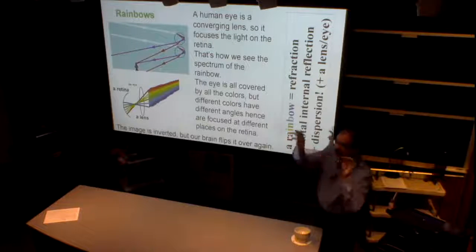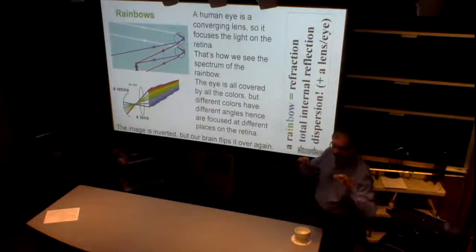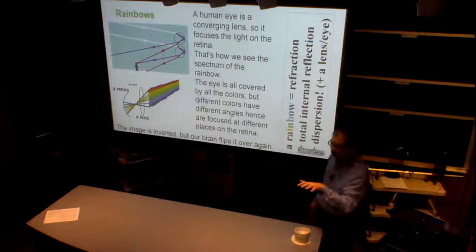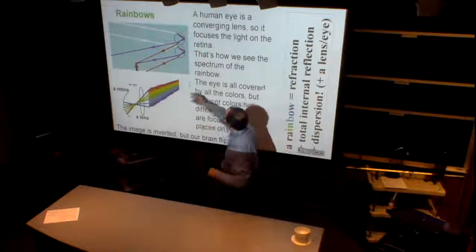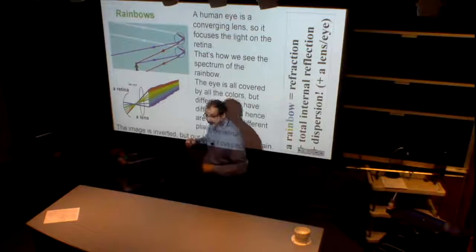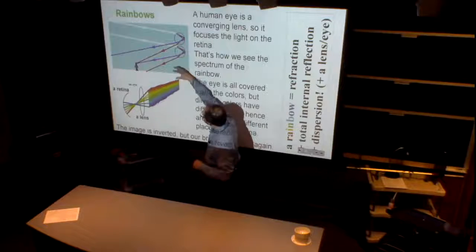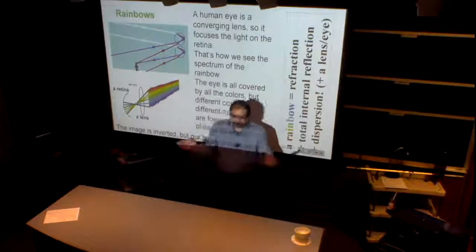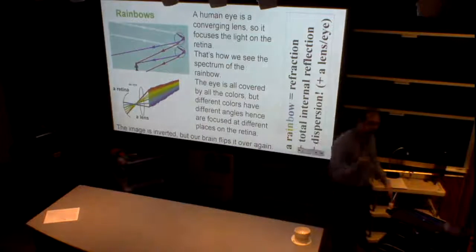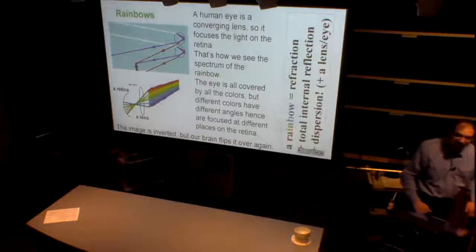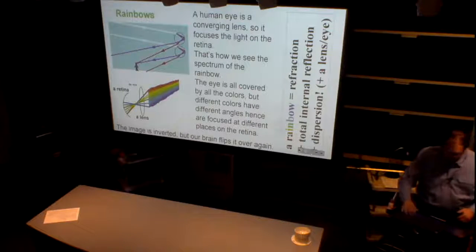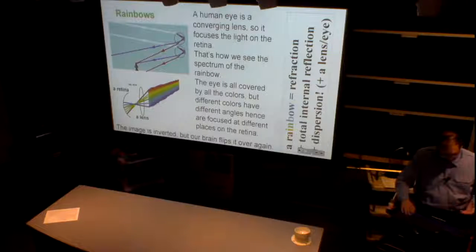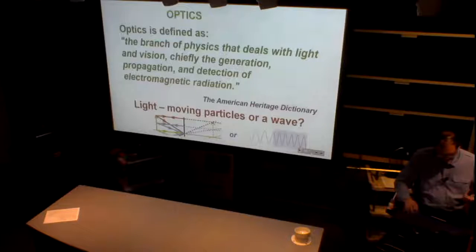When billions of water droplets float, white light travels through, refracts, then due to total internal reflection, reflects, and then due to dispersion, makes a spectrum, which we wouldn't see if we didn't have a lens in our eye. So rather complicated physics behind this simple phenomenon.